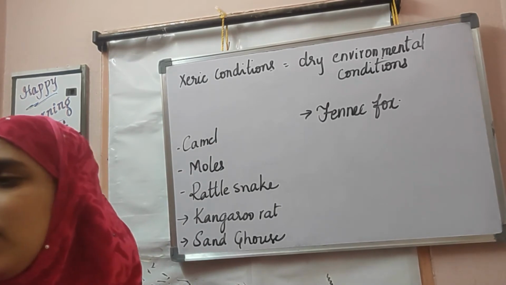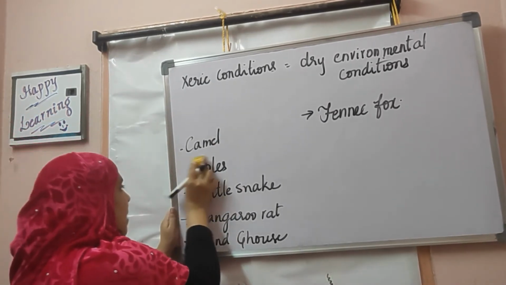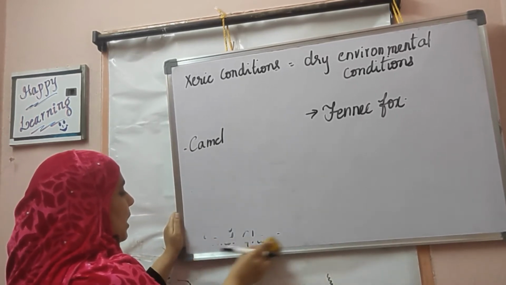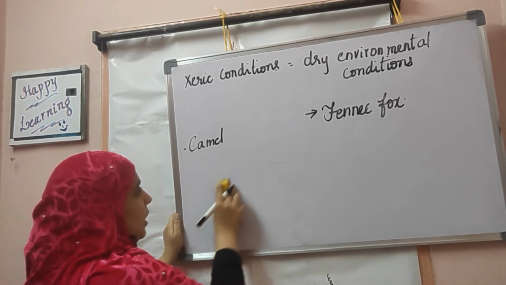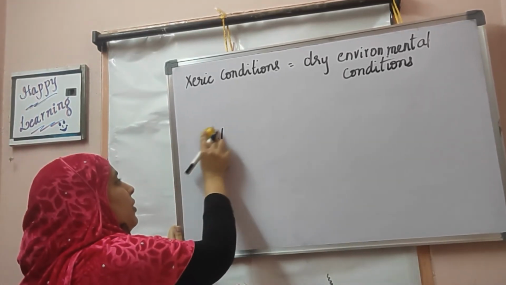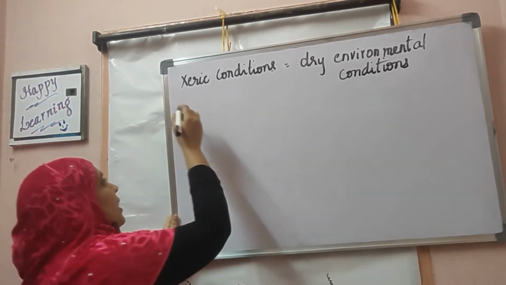First, let us talk about the camel. The camel is an organism that is adapted from top to bottom. It has many adaptations to live in the desert because it is the cattle of the desert, also called the ship of the desert.